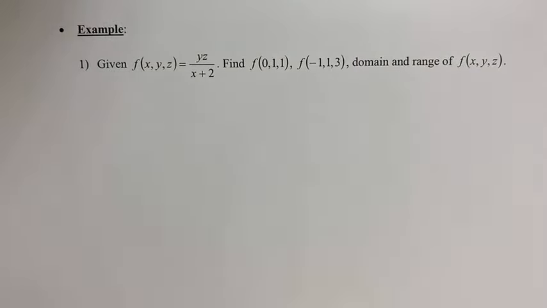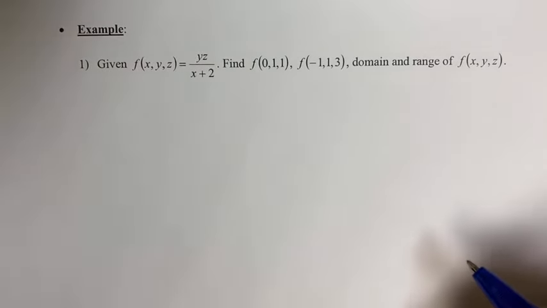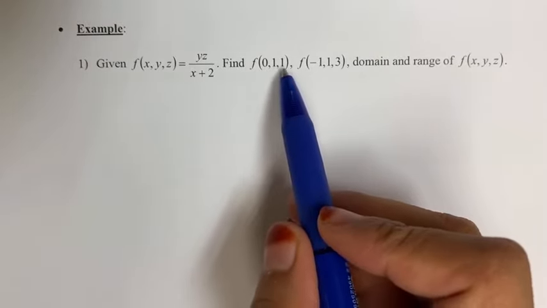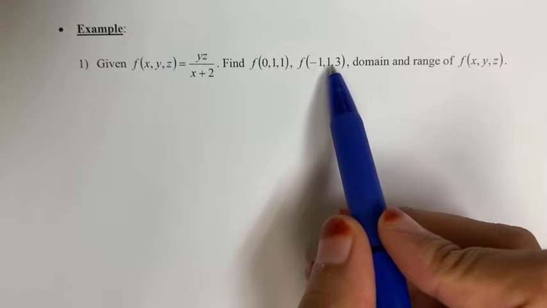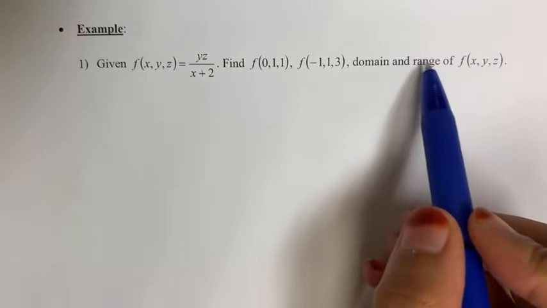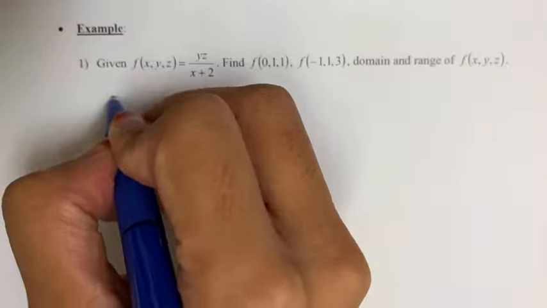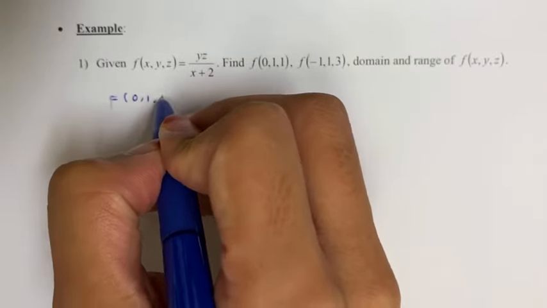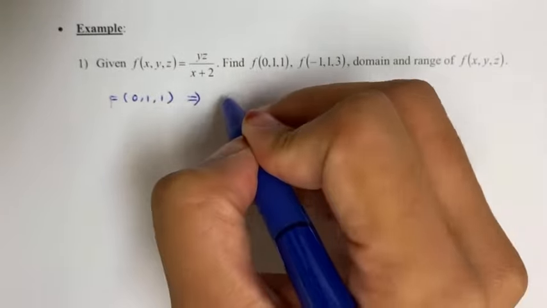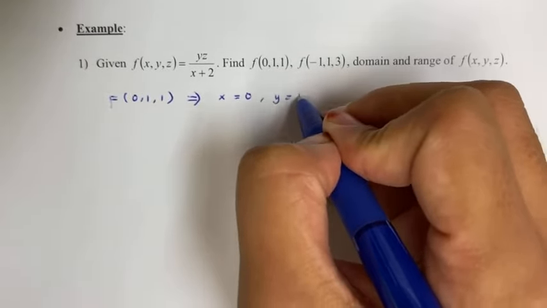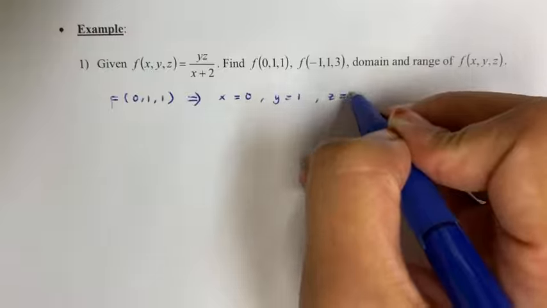I have two examples here. Given f(x,y,z) equal to yz over x plus 2, find f(0,1,1), f(-1,1,3), and the domain and range of this function. So f(0,1,1) means that your x value is 0, your y value is 1, and your z value is 1.